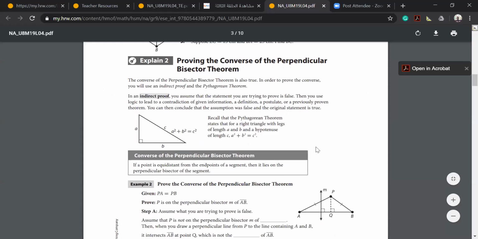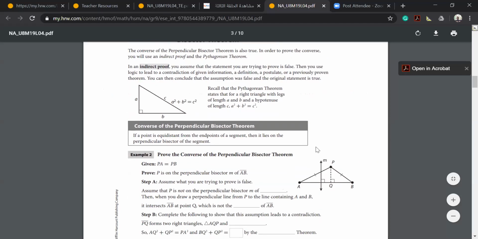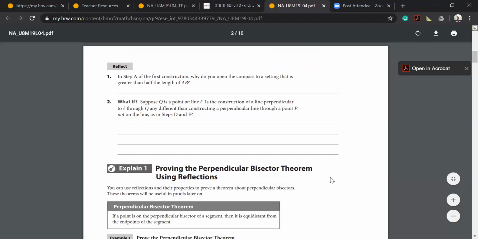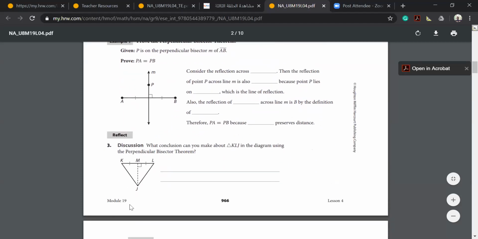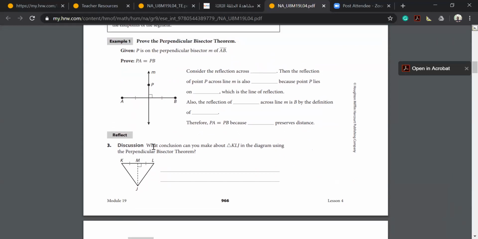Okay, before we read, let's just see the figure. Consider here that the converse of the perpendicular theorem will be, he will not tell you that this is 90 and that these two sides are equal. No, actually, he will tell you that these two sides are equal.